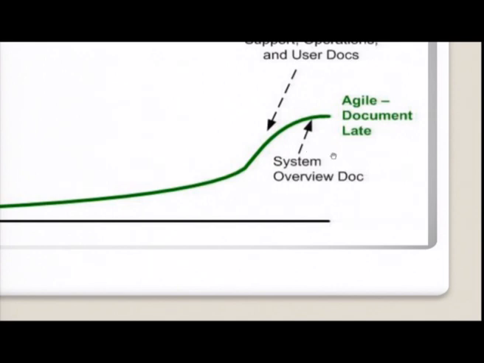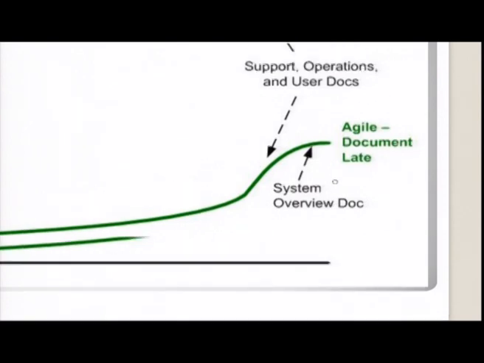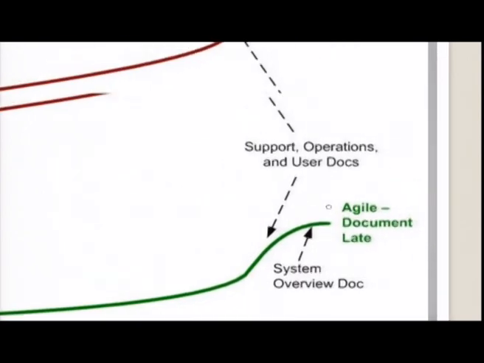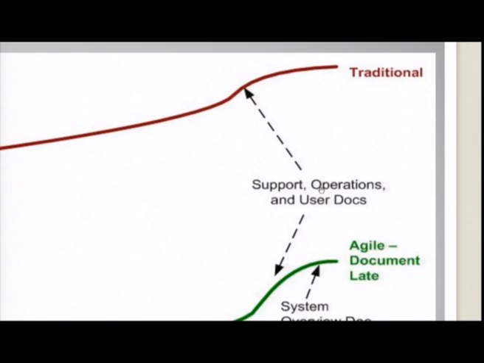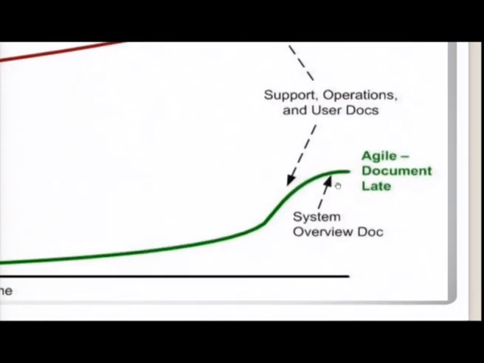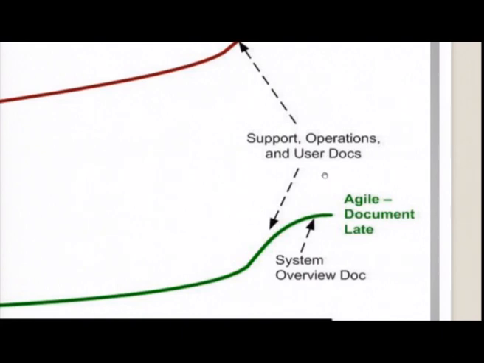When we generate the system overview documentation, at this juncture, in the traditional model, they would have gone in completing the support documentation, operation documentation, user documentation. From this system overview documentation, we in turn write a few points for the user documentation, because the user manual is pretty important.